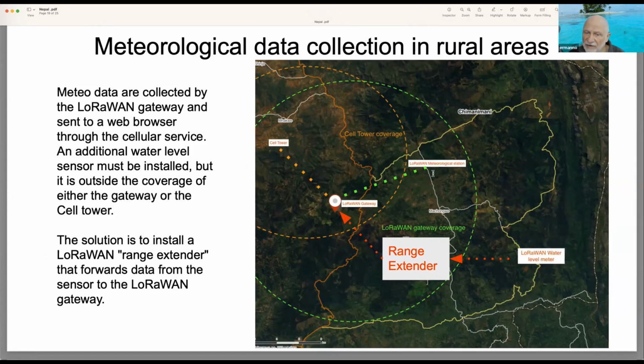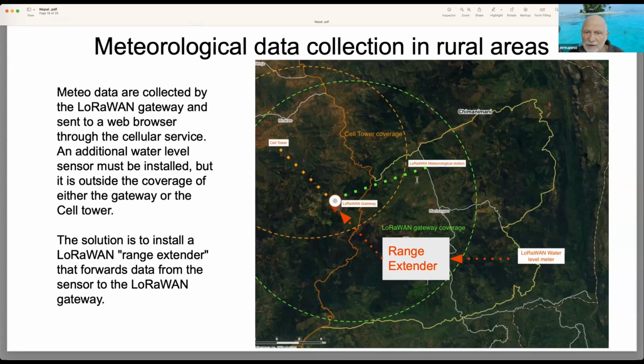So the meteorological station could not use the internet service provider service because it's too far away or is blocked by some obstacle or whatever. So instead, we deployed a LoRaWAN gateway, which gets its connectivity to the internet by means of the cellular service. And this LoRaWAN gateway is able to transfer the data collected by the meteorological station to the cell tower, and from there to the internet, and make it available to whoever is interested in that information.